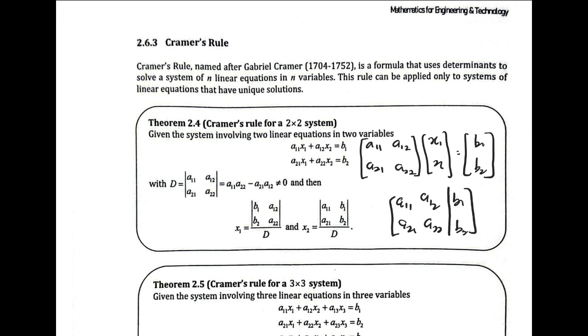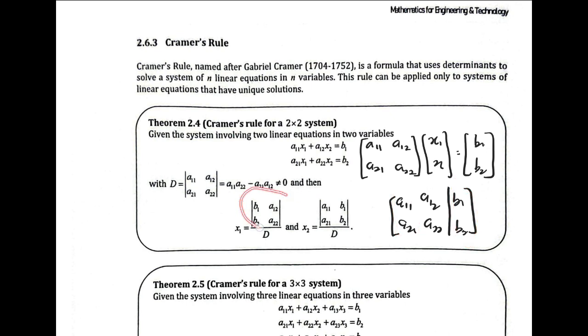So assuming that D is not equal to 0, the next thing to do is to substitute this matrix according to the x. So when looking for x1, we substitute the constant matrix into the x1 column of the coefficient matrix.